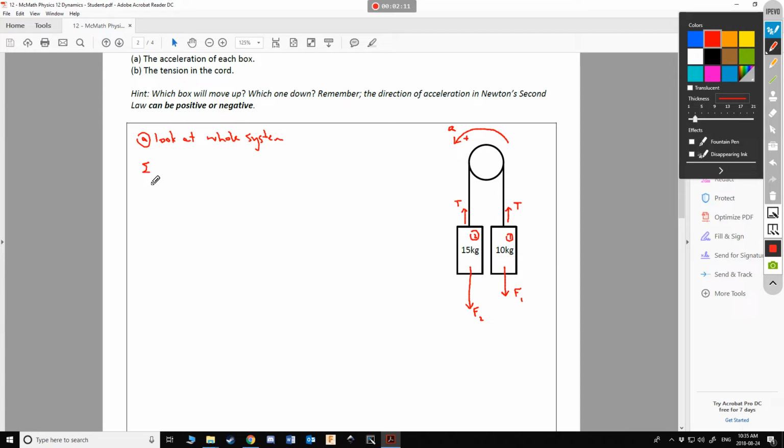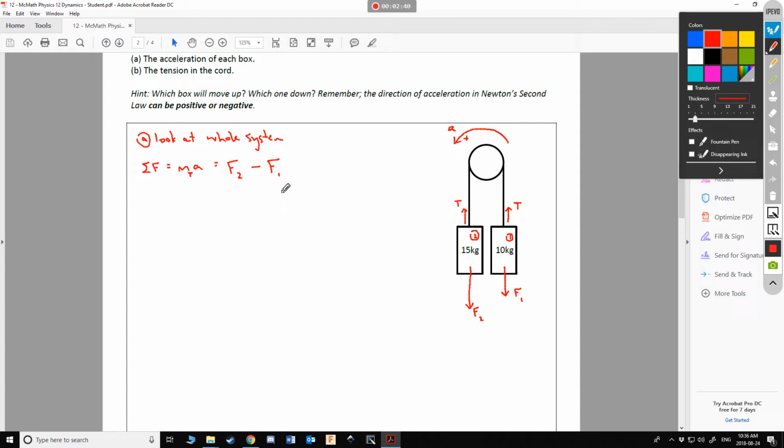So I have the sum of the forces equal to mass times acceleration. Because we're looking at the whole system, to make sure we don't forget, the total mass is being accelerated, so I put a capital T there to represent total. What forces are causing this acceleration? F2 is making it go counterclockwise, but F1 is resisting that counterclockwise direction.